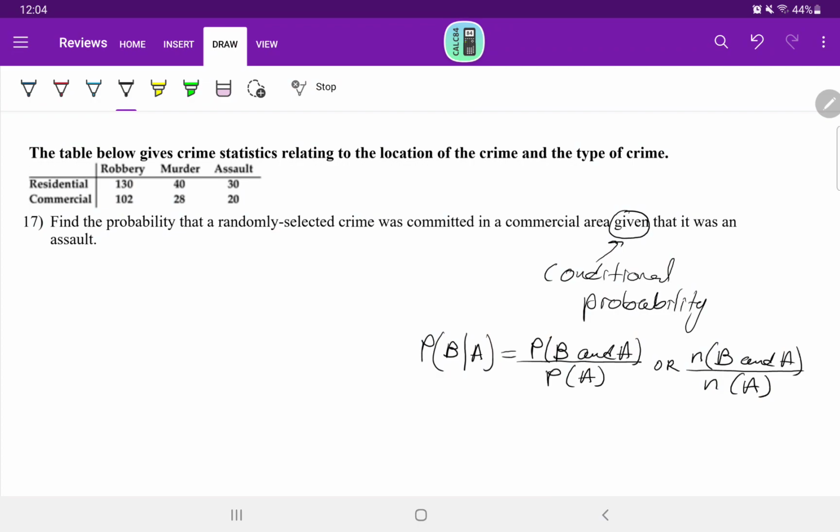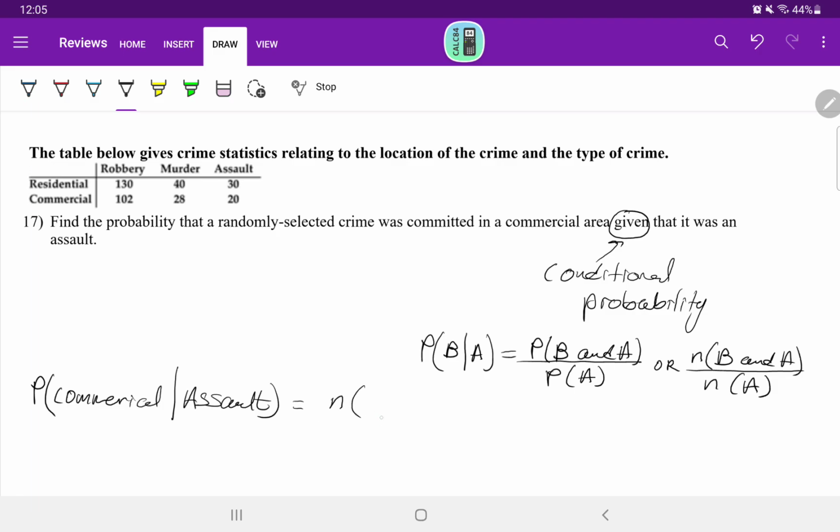So I want to find the probability that the crime was committed in a commercial area, given the fact that it was an assault. And I'm going to use the second one to set it up.